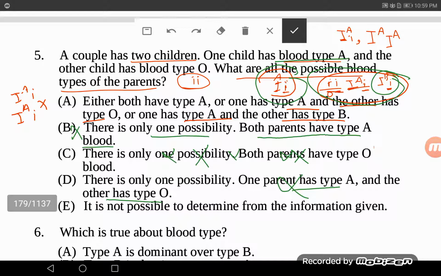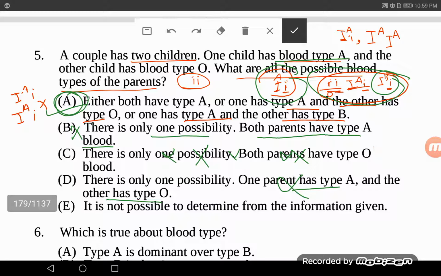We can determine it from the first answer, in which it is A, which gives most of the possibilities for the parents. So the answer for the question is A. In blood groups, we have to know that both A and B are dominant over the O blood group.